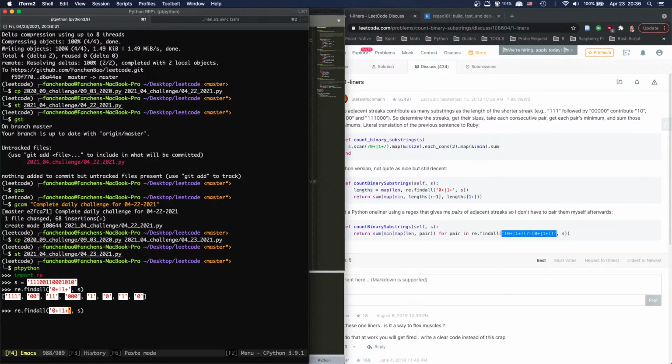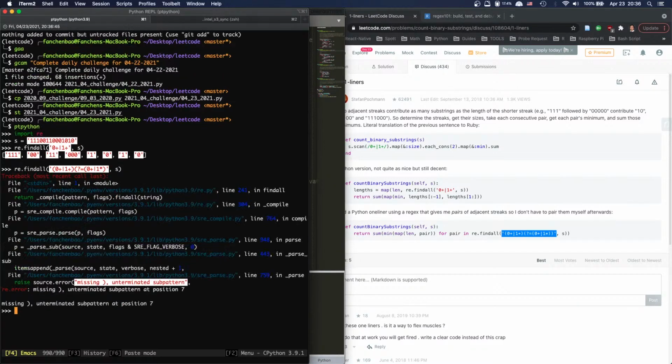But what if I add, oh, now we have groups, okay? That's the first group. And we have a positive look ahead. Okay, what does this one give us? Wait, what? I think I forgot a parenthesis.